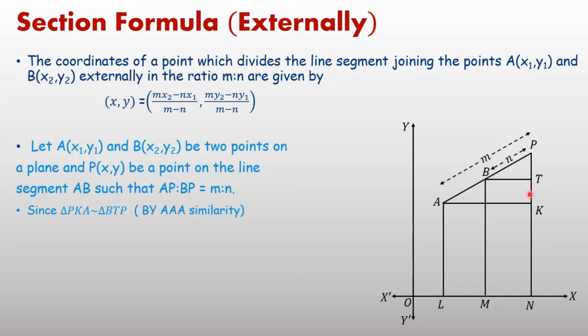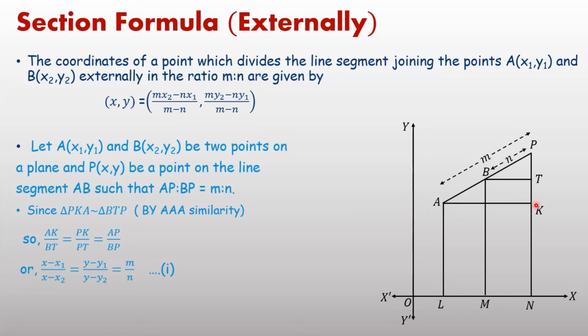Angle P is common, one angle is 90 degrees, so the third angle will also be equal. Therefore, both triangles are similar. And if similar, then corresponding sides are in the same ratio. By putting the values of corresponding sides, AK upon BT equal to PK upon PT equal to AP upon BP.